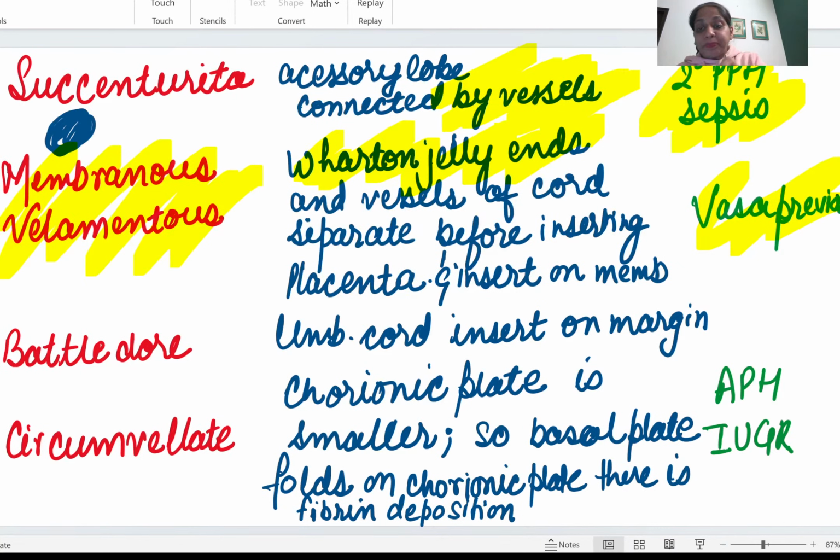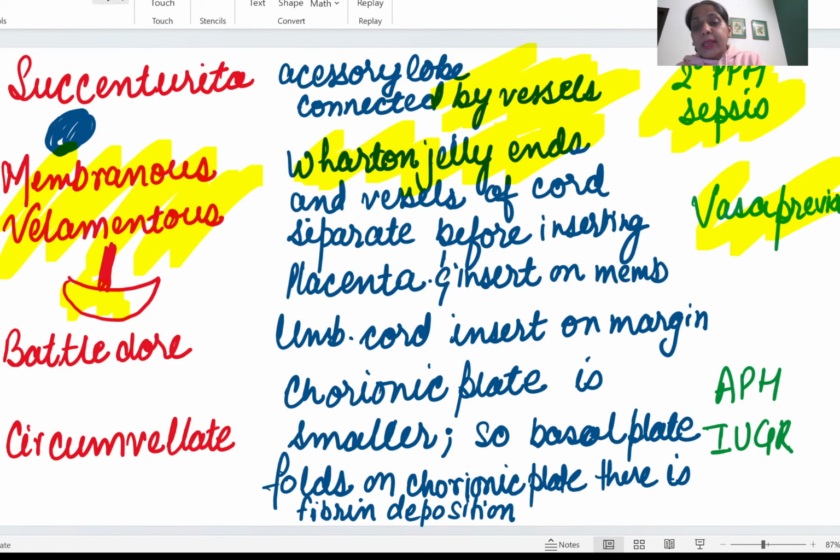See, if this is the placenta, here the umbilical cord is inserted. The site where the umbilical cord is inserted is the chorionic plate, and the other side, toward the uterus, is the maternal plate. Usually both the chorionic plate and the maternal plate are of the same magnitude.